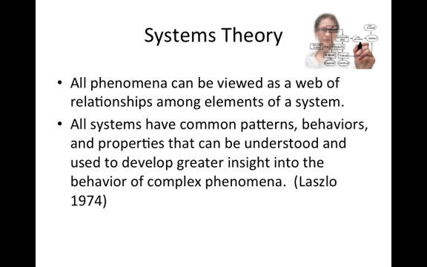So systems theory is the idea that everything can be seen as a web of relationships, and that there are all these different components in a system, and that these are knowable. Systems have common patterns, behaviors, and properties that can be understood and used to develop greater insight into the behavior of this complex phenomenon.